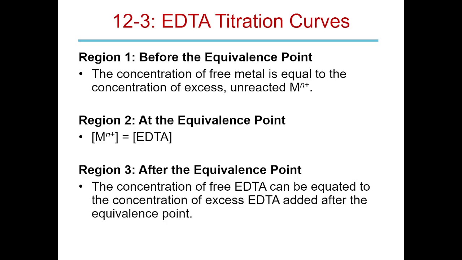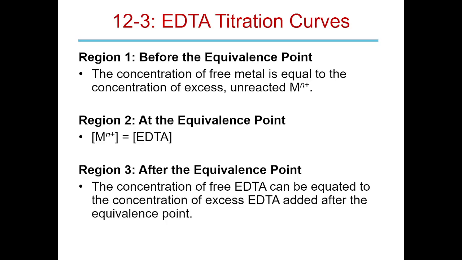Equivalence points always are where the two things are equal, right? So your metal will equal your EDTA. Region 3 is going to be after your equivalence point. The concentration of excess EDTA that's added after the equivalence point is going to be based on your KF, essentially.